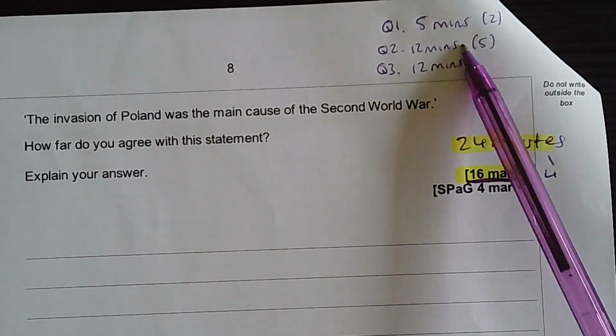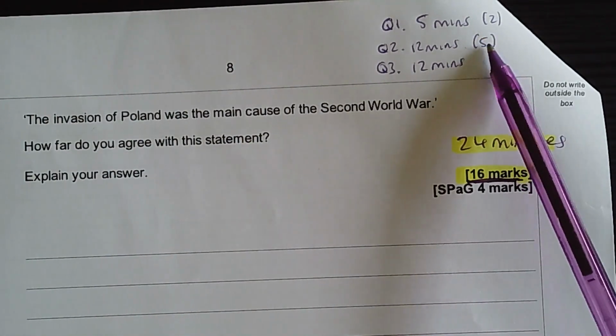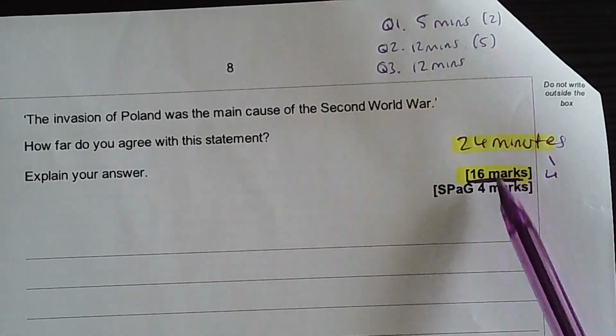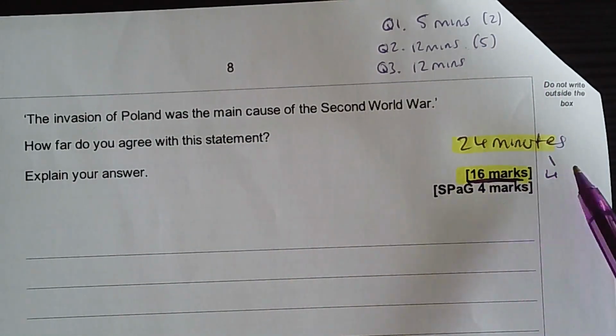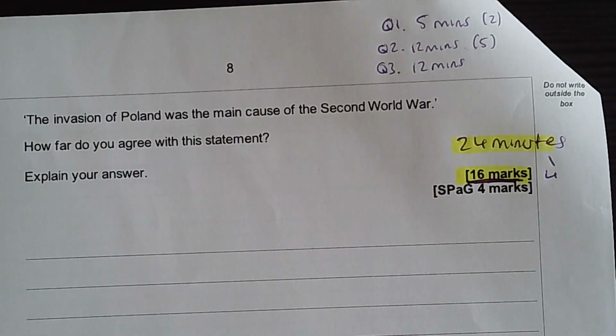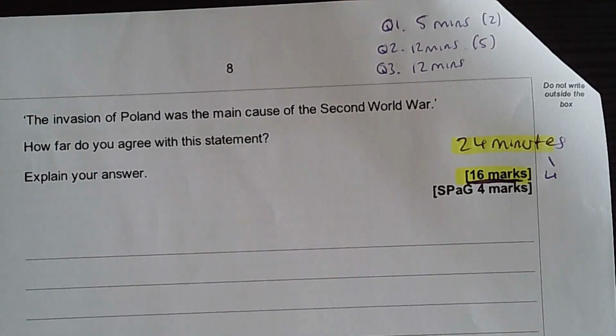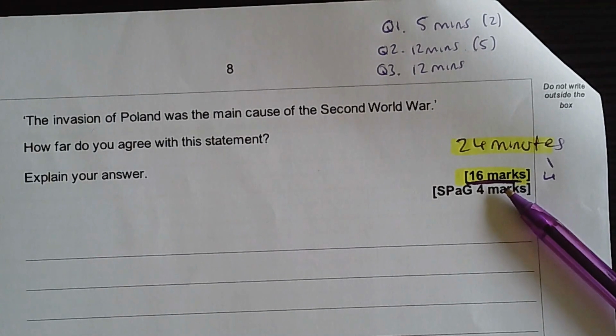For example, for your question 2, you might take 3 minutes to read through the sources if you're a quick reader, to add 2 more minutes to this. You might also take 3 minutes to plan to save an extra minute. It all goes off your own timings. These are suggestions, and really 24 minutes for this question is the minimum.